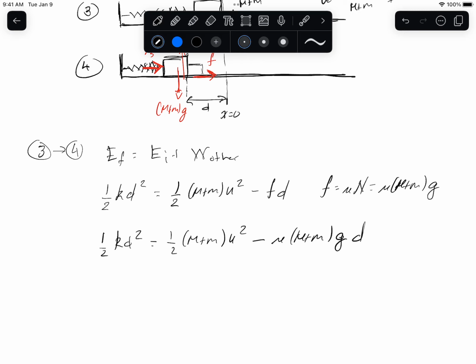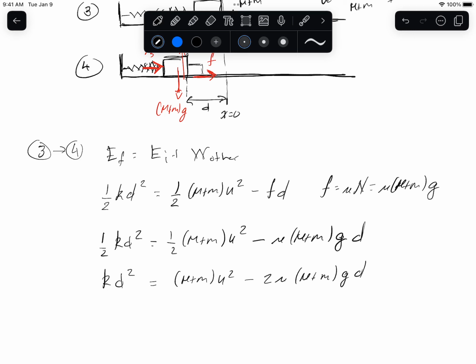And so what we want to do is find out how much the spring is compressed. I'm going to multiply by 2 first. So k d squared is equal to (M plus m) u squared minus 2 mu (M plus m) g d.